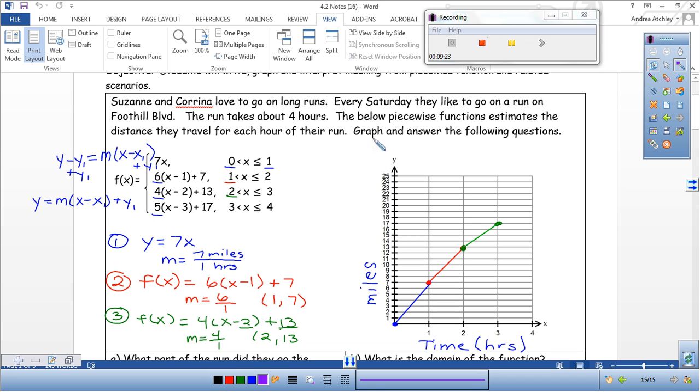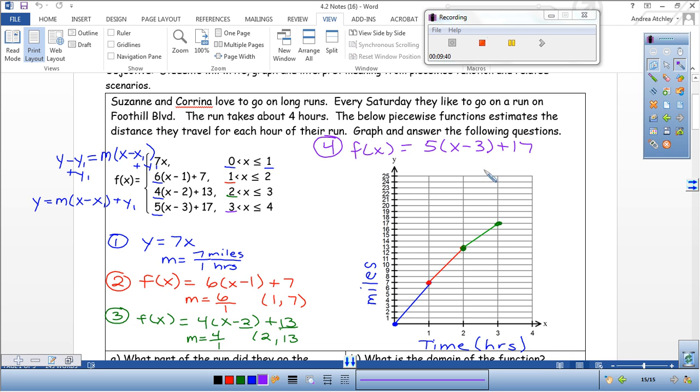Okay, the last one. If f of x, this is number 4, equals 5 times the quantity of x minus 3 plus 17. I'm starting at hour 3.